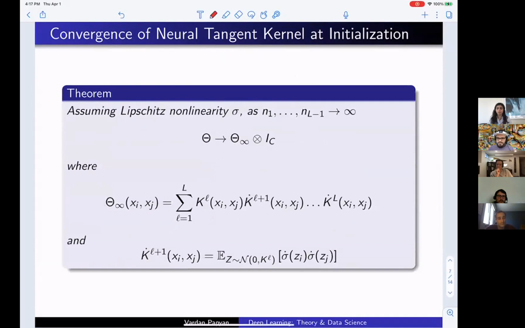So here's the main thing about why the neural tangent kernel, or NTK, is an interesting quantity.